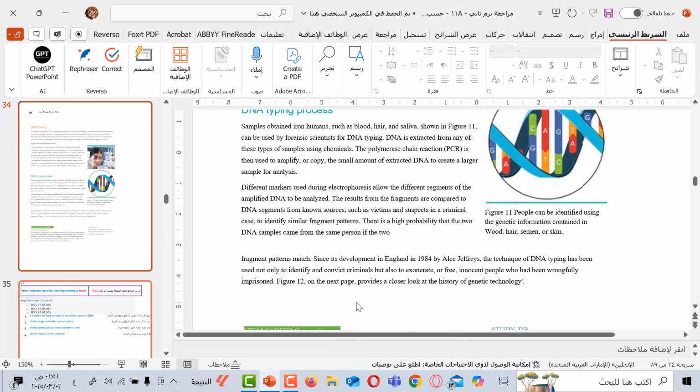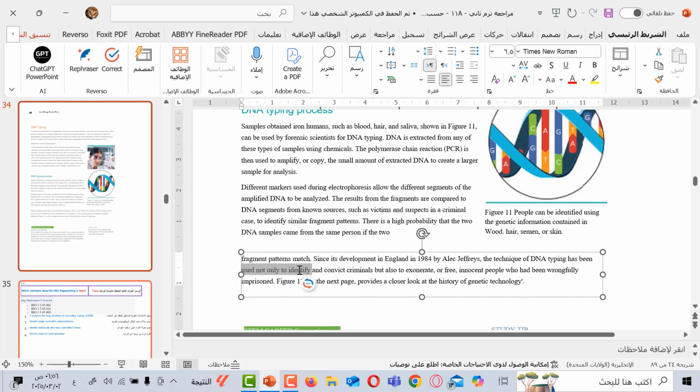Okay, if you see here, this is used to identify the victim and the criminals, and also to exonerate or free people who had been convicted wrongfully.